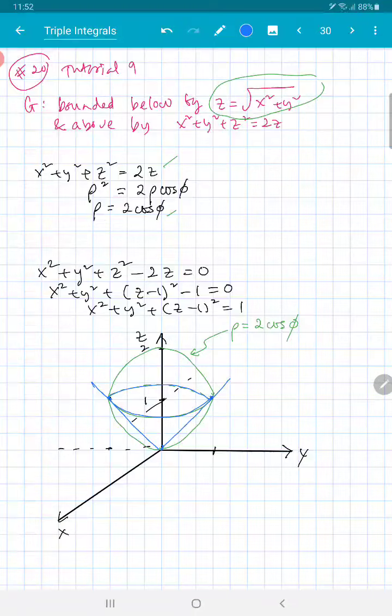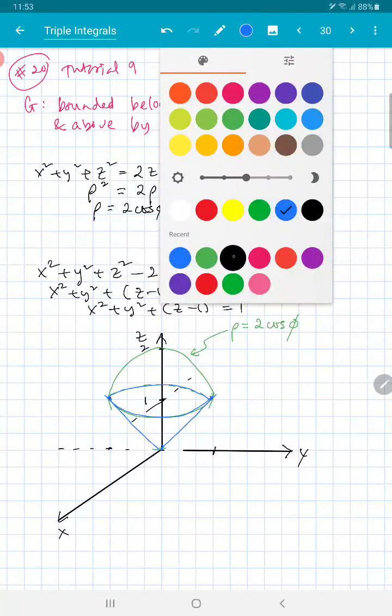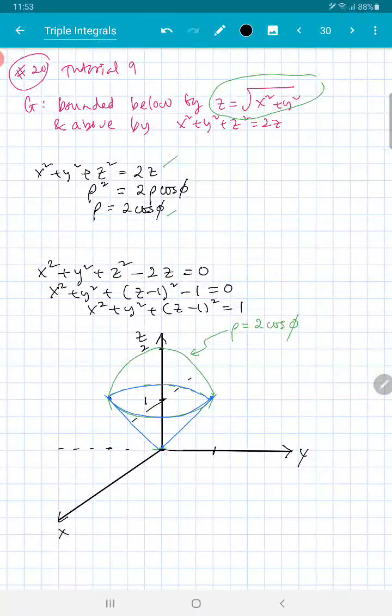So this is our solid G. Let me draw that axis. Okay, here we go. So this is a 1, and here that's -1. This bit here is 1, and this bit is also -1.